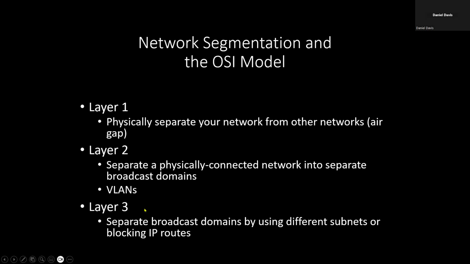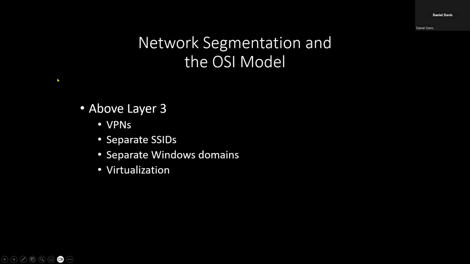We can use things like VLANs. At layer 3, we can also use separate broadcast domains by using different subnets or blocking IP routes. There are some options above layer 3, which would be things like VPNs, separate SSIDs, separate Windows domains, and virtualization.